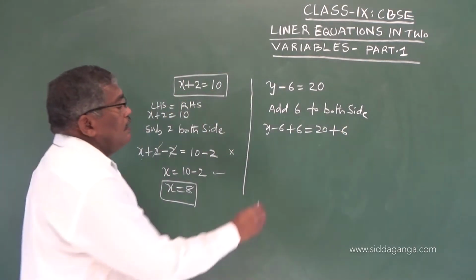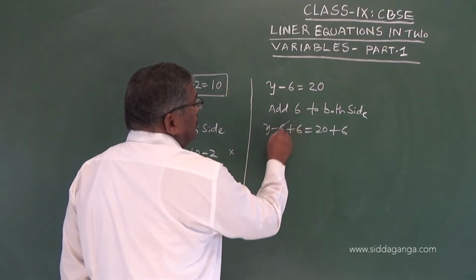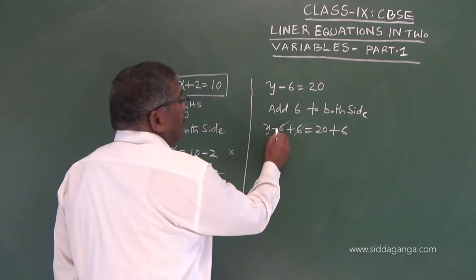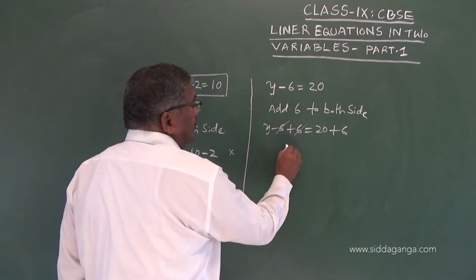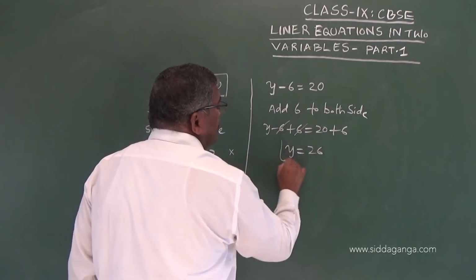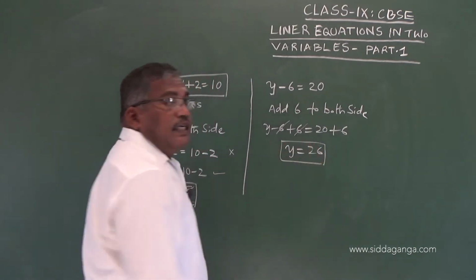Minus 6 plus 6 nullify, they become 0, they get cancelled. So y is equal to 20 plus 6, which is 26. So y is equal to 26.